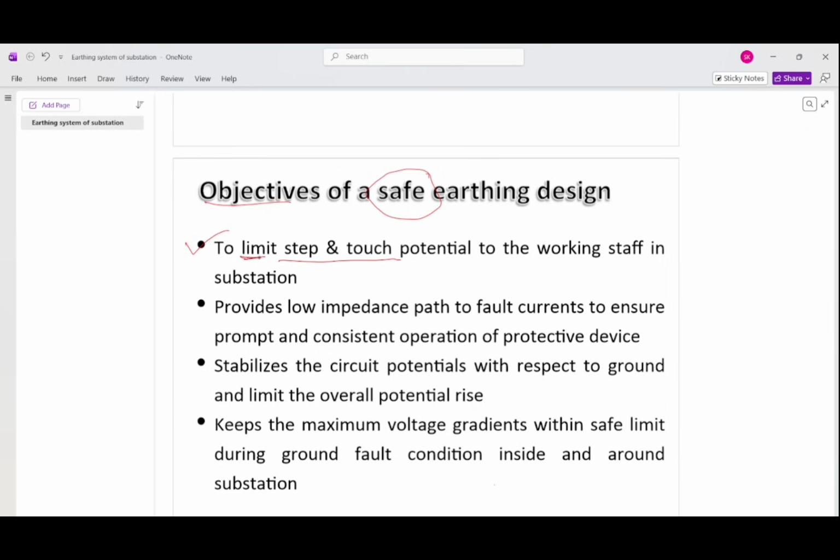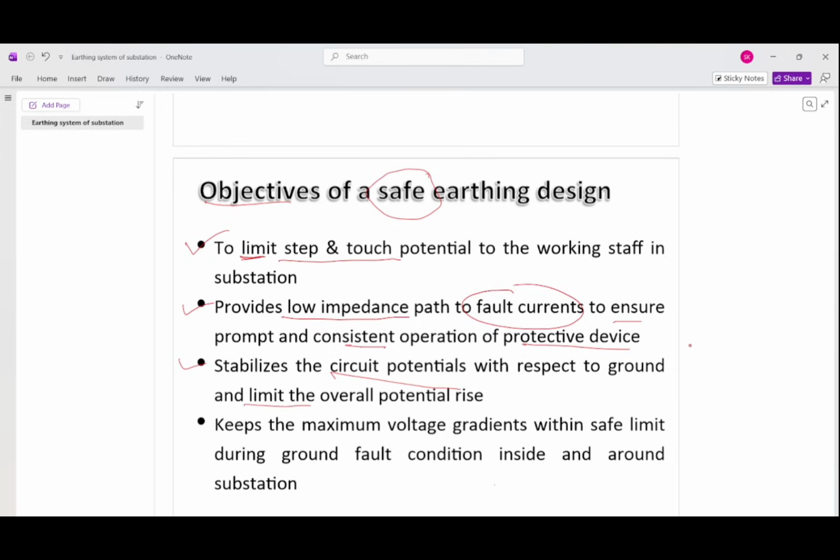To limit the touch and step potential to the working staff in the substation, provide a low impedance path to the fault currents to ensure the prompt and consistent operation of the protective device. So this is also a very important point. Third point is to stabilize the circuit potentials with respect to ground and limit the overall potential rise.